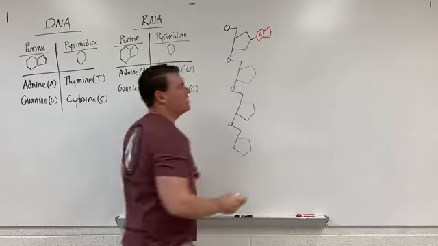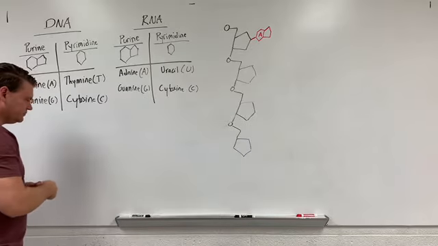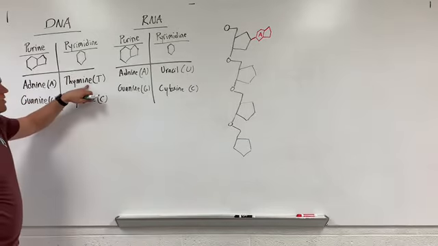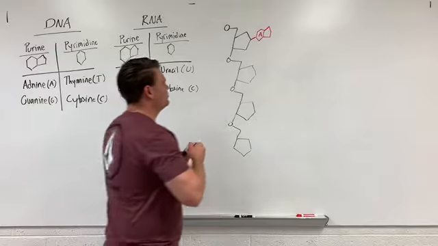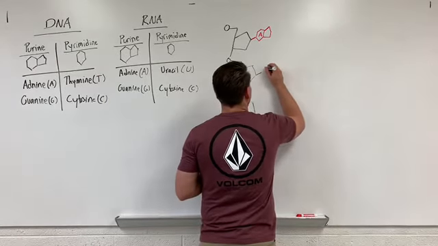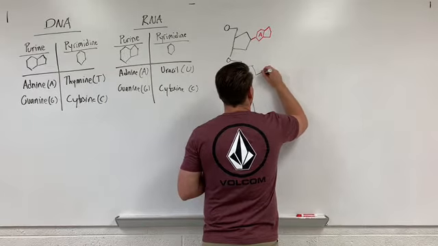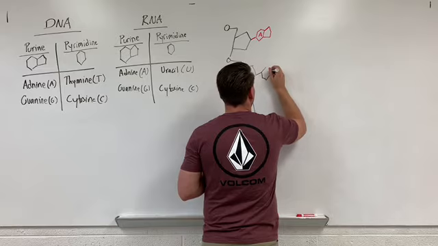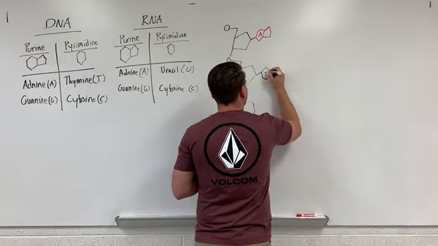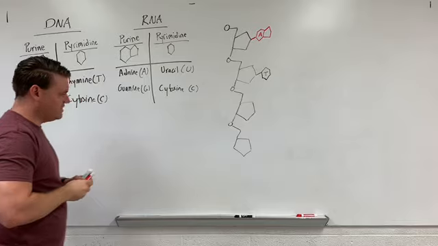I'm going to put an A there so we know that that's adenine. And then we're going to do our thymine. Thymine only has one ring structure. I'm going to do a T there.